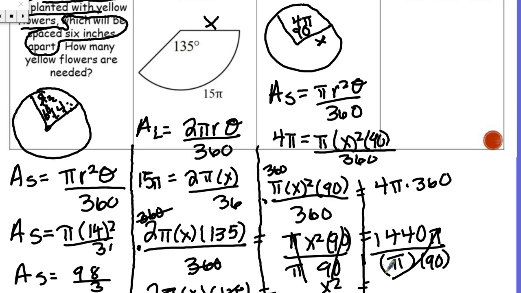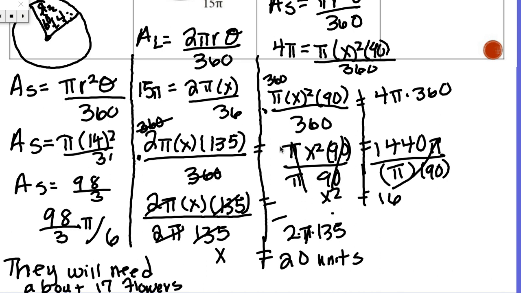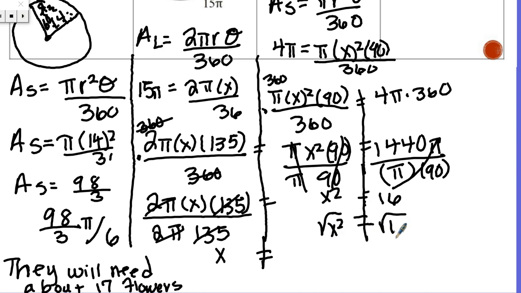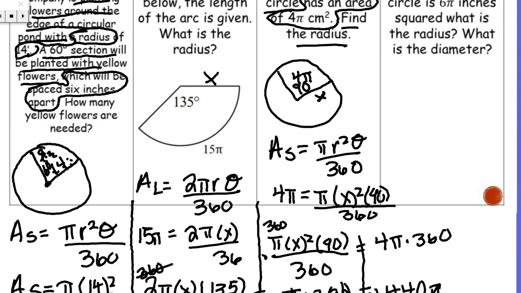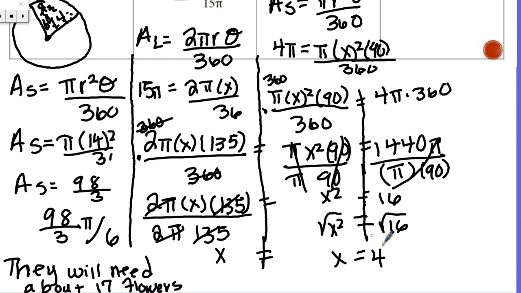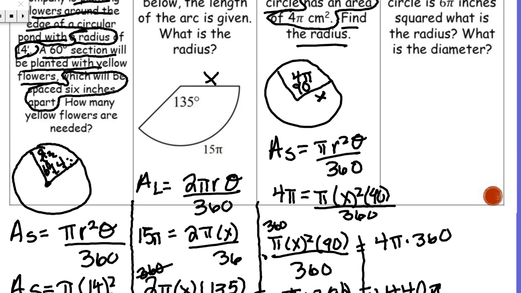That's 16, so x squared equals 16. So that means the radius is 4 centimeters. And we're finished. All right, let's go to the next problem.